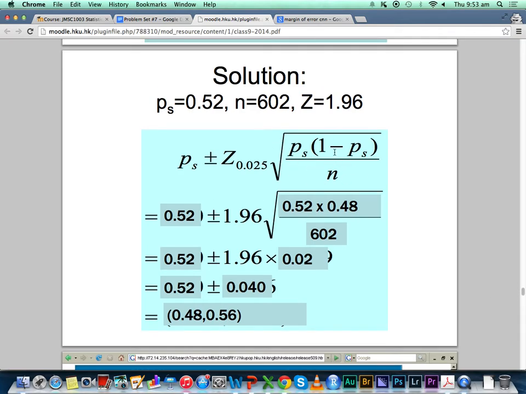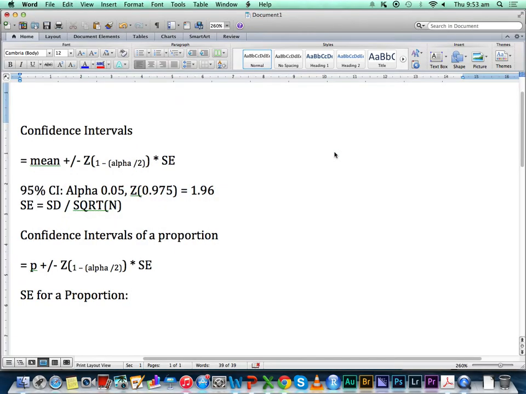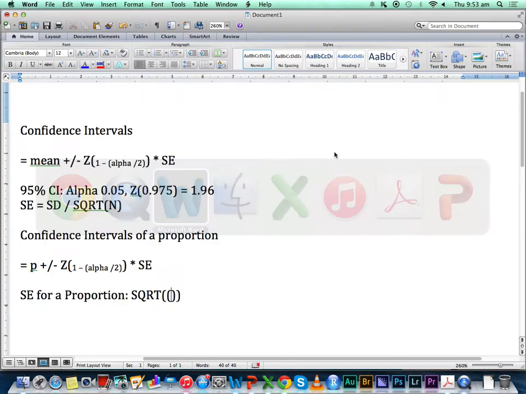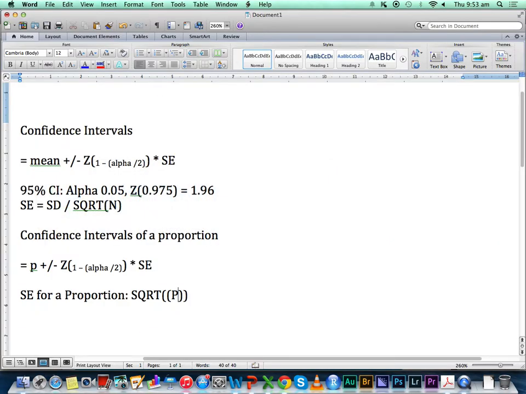Okay, let me write it down: the square root of P times 1 minus P over N.